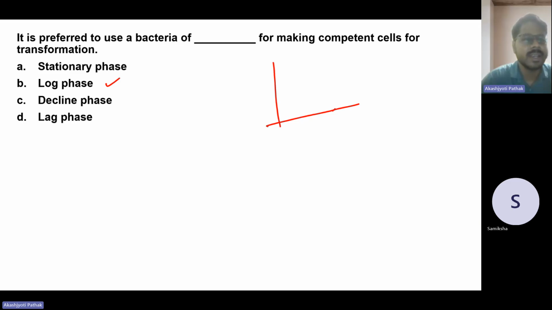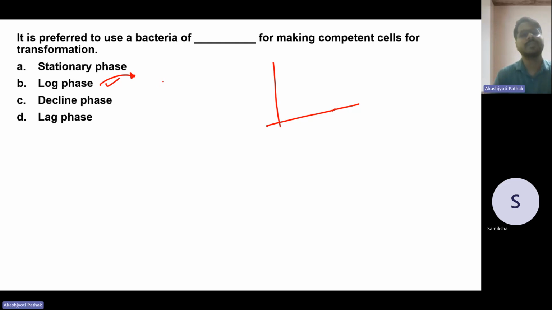The bacteria is actively synthesizing different proteins and different repair proteins. DNA repair proteins are also synthesized during the log phase. Okay, so what happens is when you are giving this heat shock or you are giving this stress to bacteria, then to survive these stress conditions, there has to be some protein so that these double-stranded breaks, or these repair pathways can be activated, and the bacteria can take up the DNA, right?